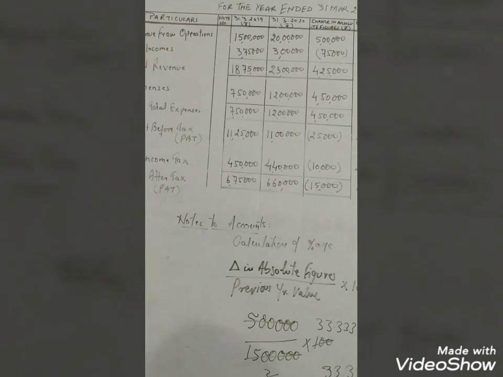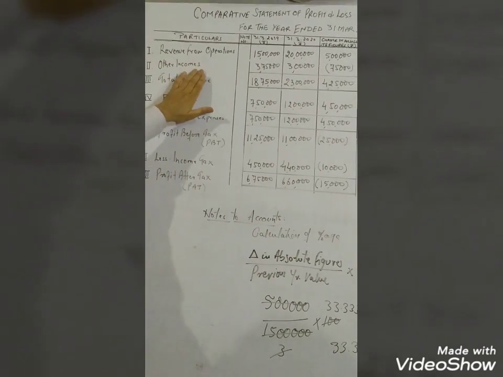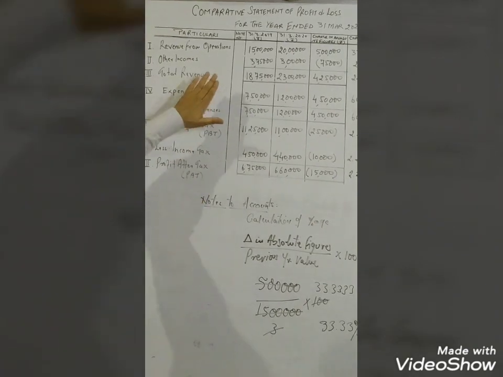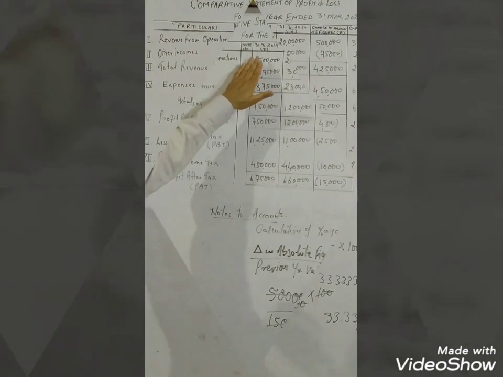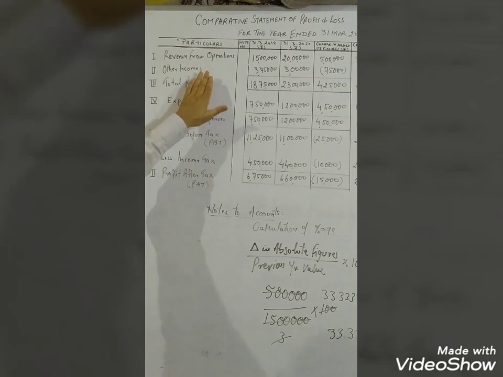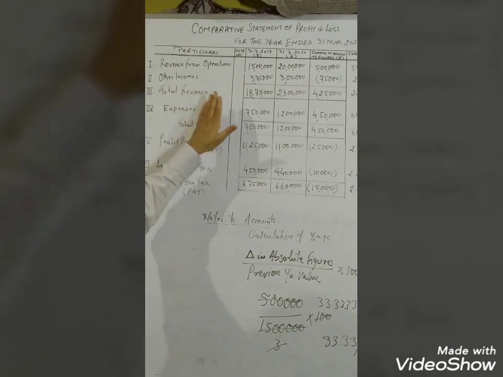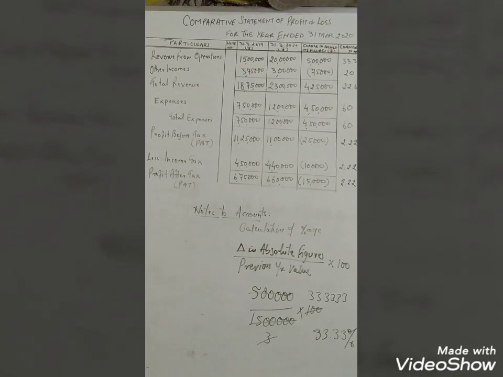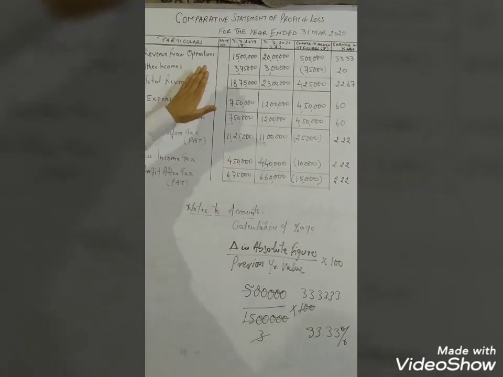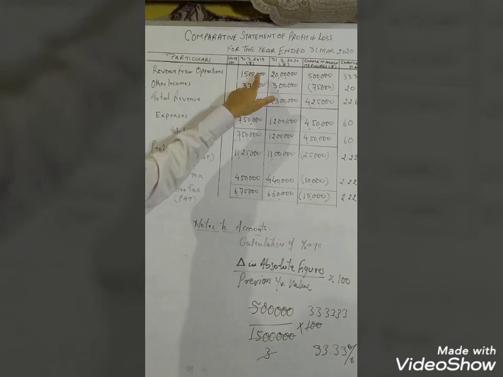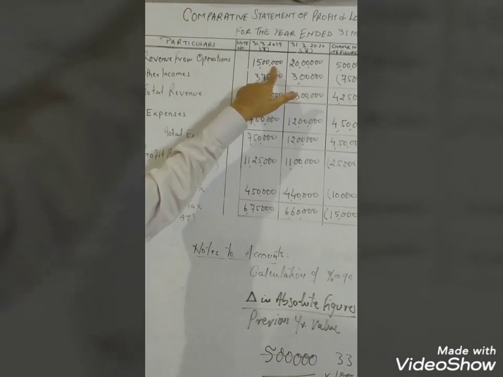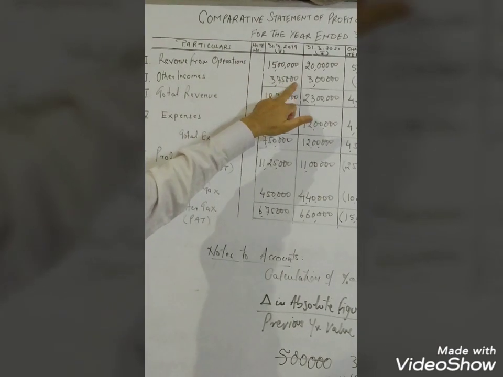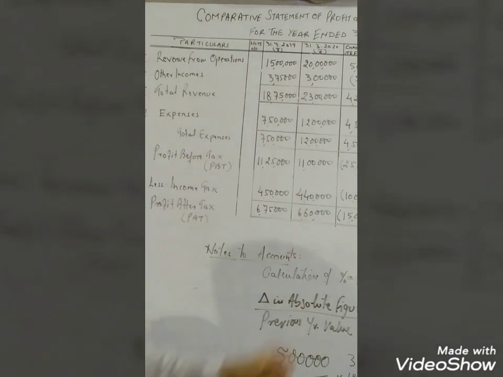Now second item is other incomes. Other incomes, if you find in the question, for the year 2019 are given as 25% of revenue from operations. 25% of revenue from operations means 25% of 15 lakh. This works out to rupees 3,75,000.